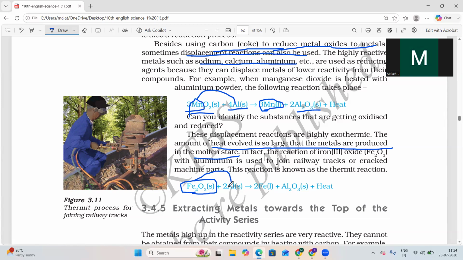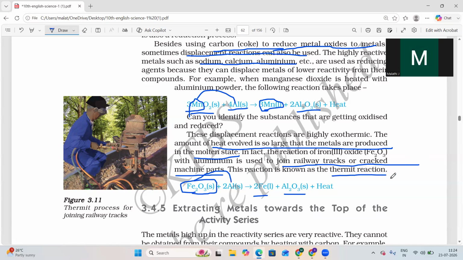This aluminium replaces the iron, so we get iron separately and Al2O3. A large amount of heat is released here. The reaction of iron oxide with aluminium is used to join railway tracks or cracked machine parts. This reaction is called the Thermit reaction.